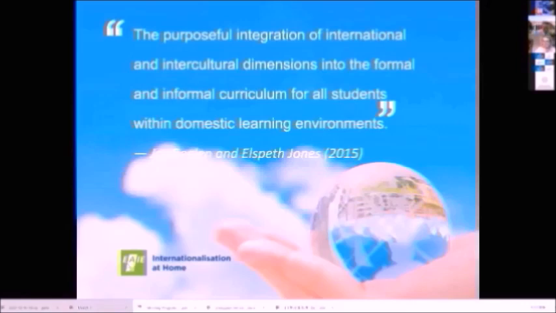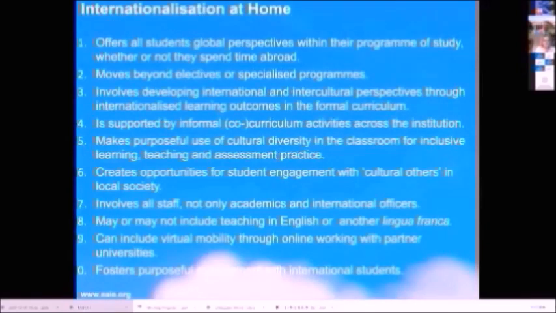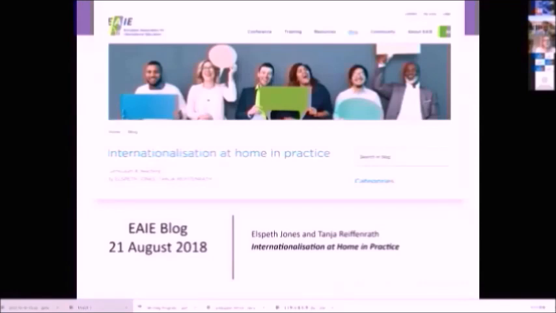Now, if we move on to the next slide, we'll see that in a blog for the European Association for International Education, with Tanja Reifenrath, we wrote a blog and tried to explain in more detail what internationalization at home means. And I can't go into this in great detail because of little time, but if you look at the next slide, this is where you can have a look at that blog if you would like to.